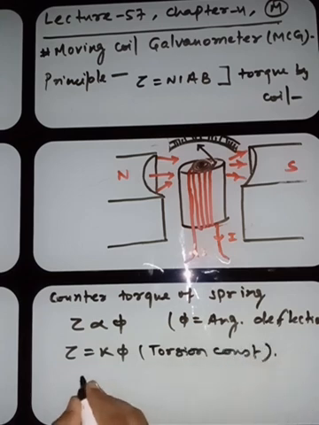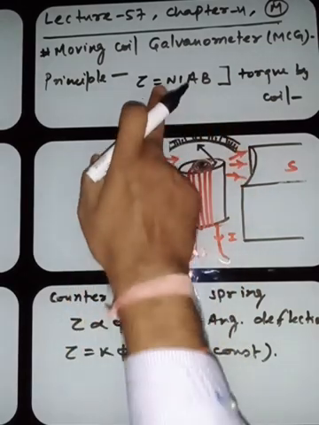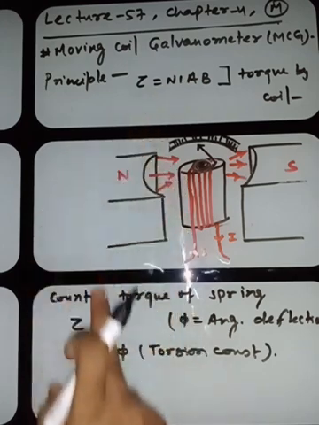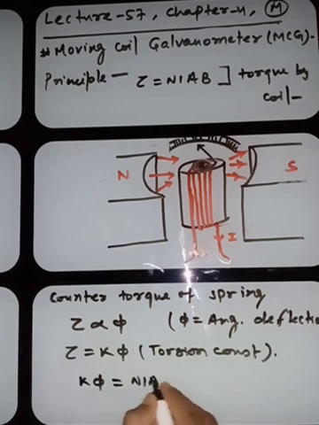This torque will be equal to the other torque, because the deflecting torque is balanced by the counter torque k phi. So k phi equals N I A B, and you can find the deflection phi equals N I A B by k.